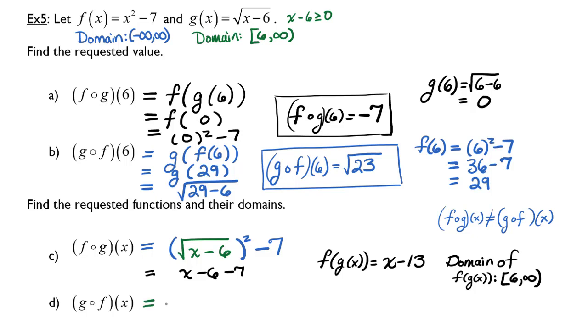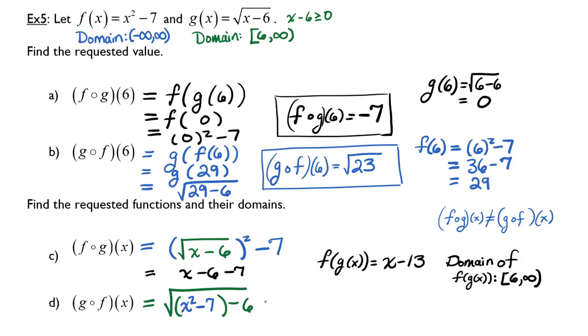For g of f of x, we have the outside function, which is g of x, and we have a substitution for the variable minus 6, into which we substitute f of x, and we know f of x is x squared minus 7. From here we can simplify this further.